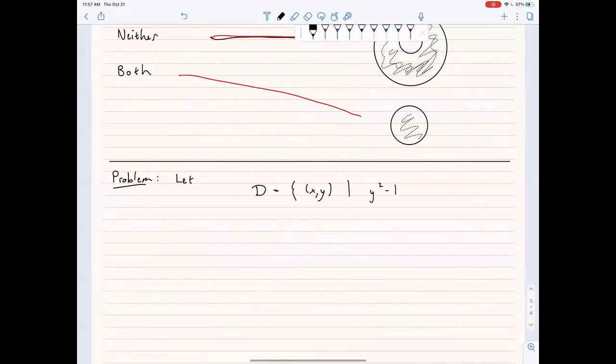We'll say that y squared minus 1 is less than or equal to x, which is less than or equal to 4 minus 4y squared. And we'll ask ourselves to compute the double integral of 2x over this domain D.